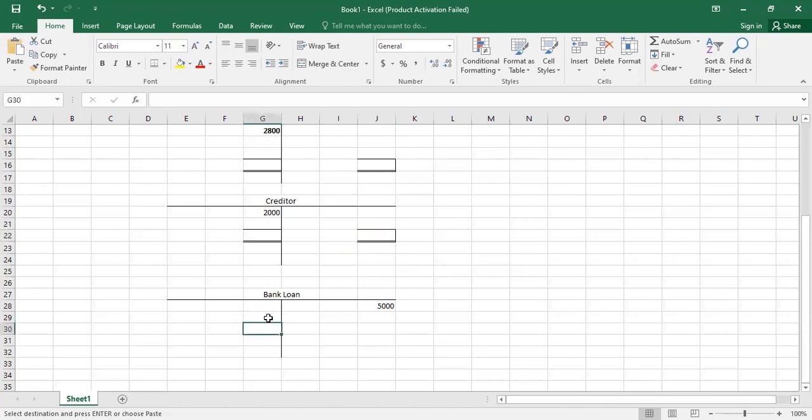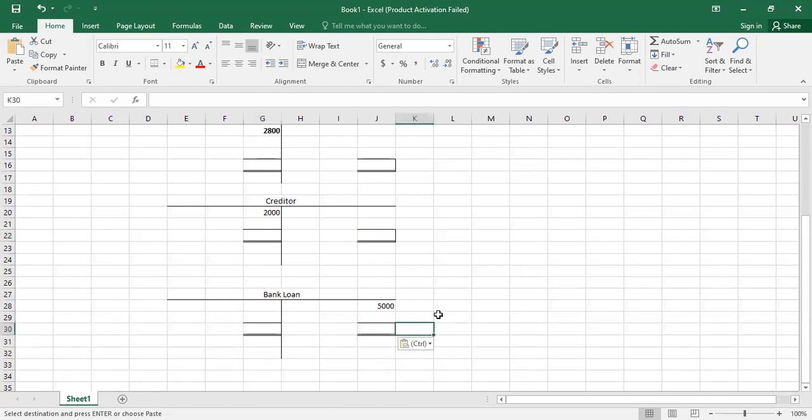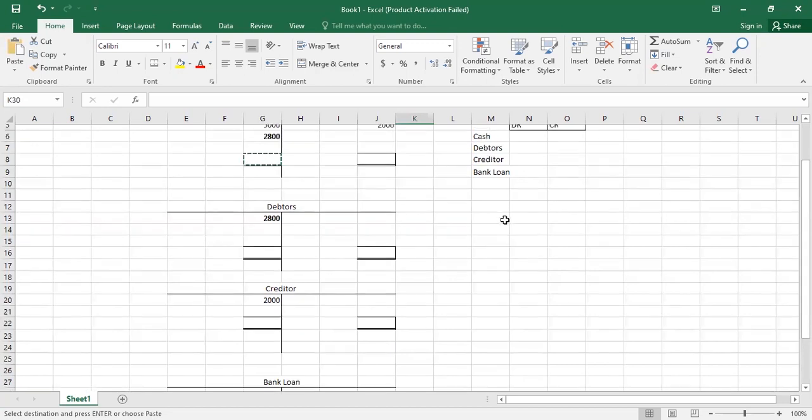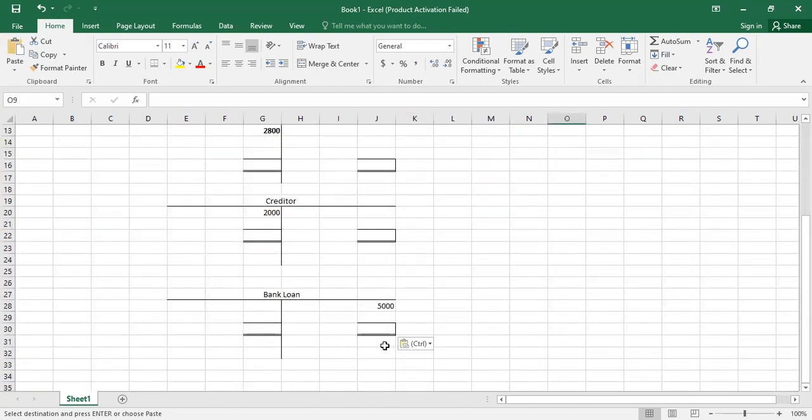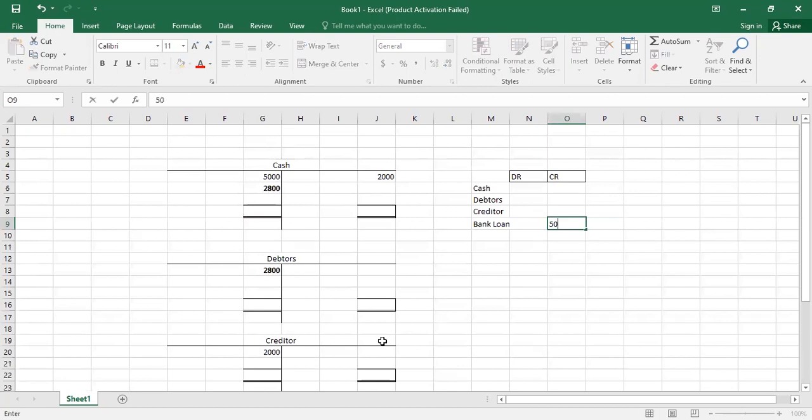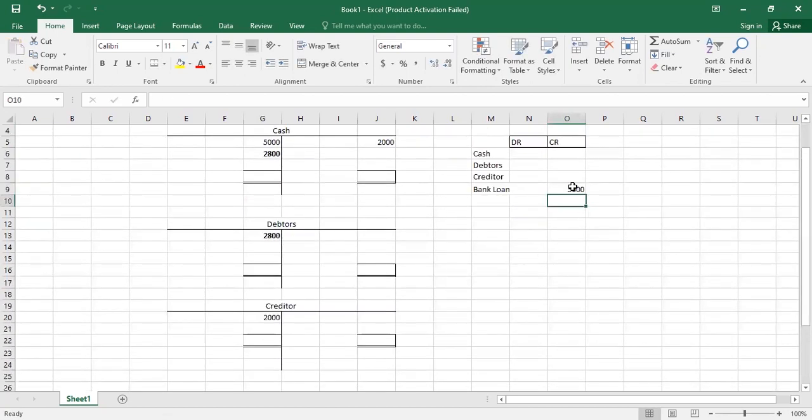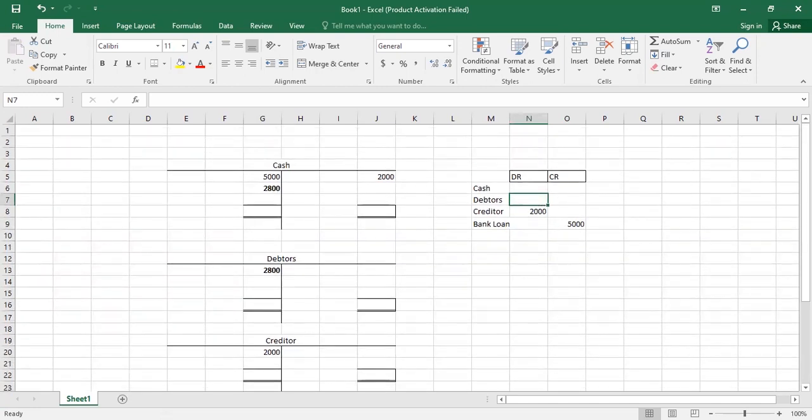Right. If you balance a bank loan account, no doubt, 5,000 credit side. (Sinhala) You know balance brought forward, and 5,000 is on the credit side, right? No problem. The creditor account goes 2,000 on the debit side. Right. The debtors account goes 2,800 on the debit side. When we balance the cash book, can you tell me the total?